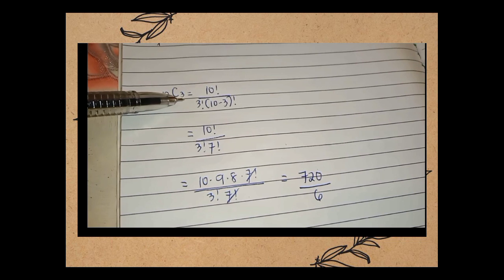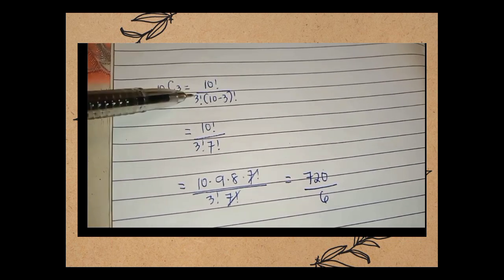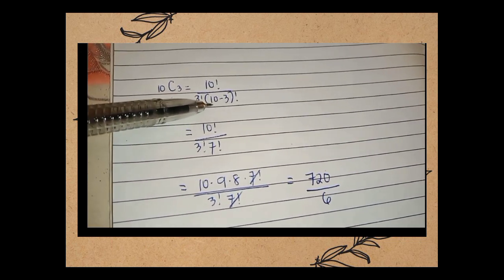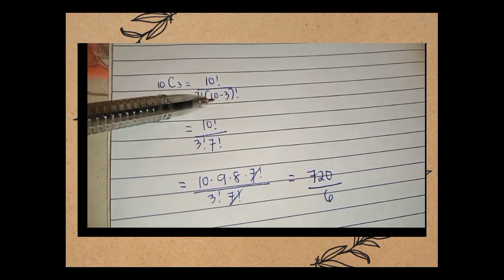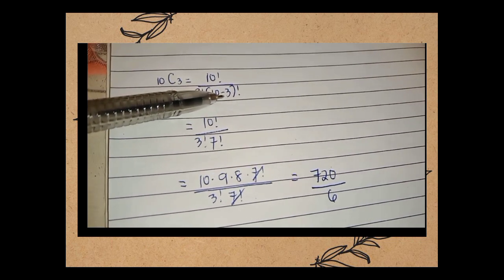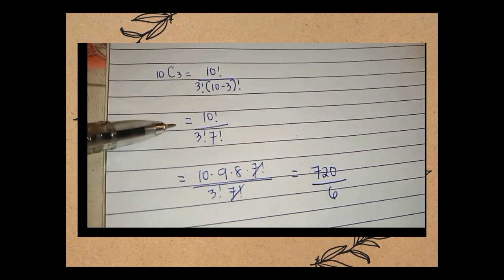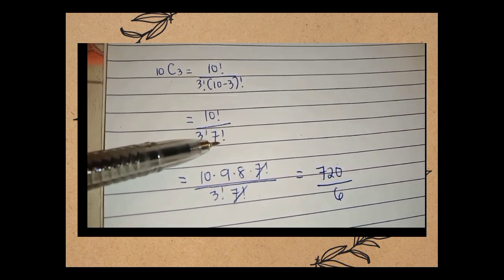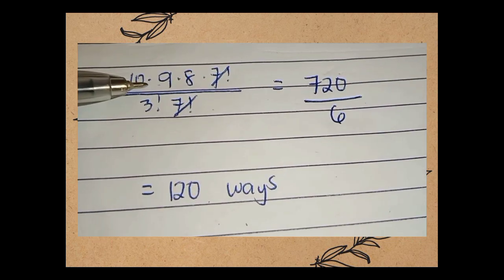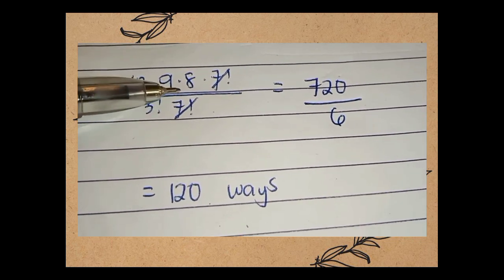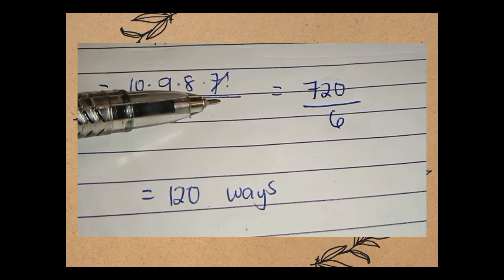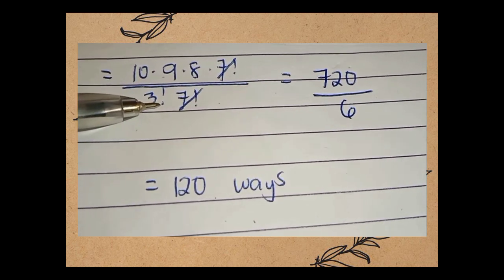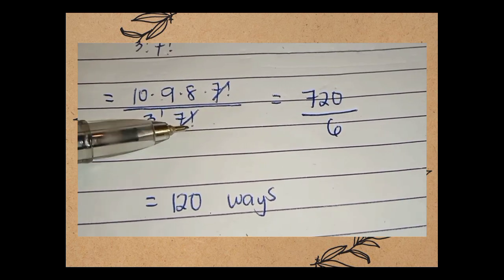10C3 equals 10 factorial over 3 factorial and 10 minus 3 factorial, equals 10 factorial over 3 factorial and 7 factorial, equals 10 times 9 times 8 times 7 factorial over 3 factorial and 7 factorial.